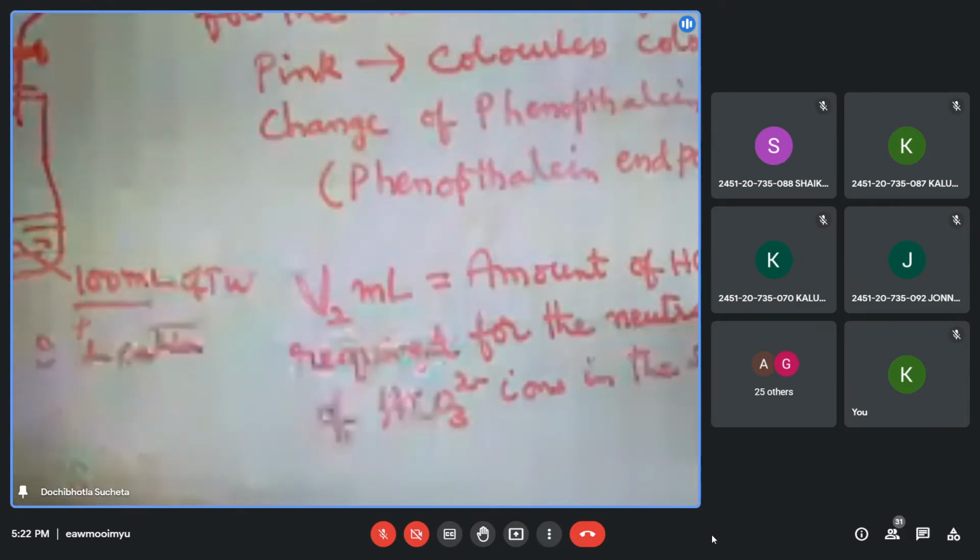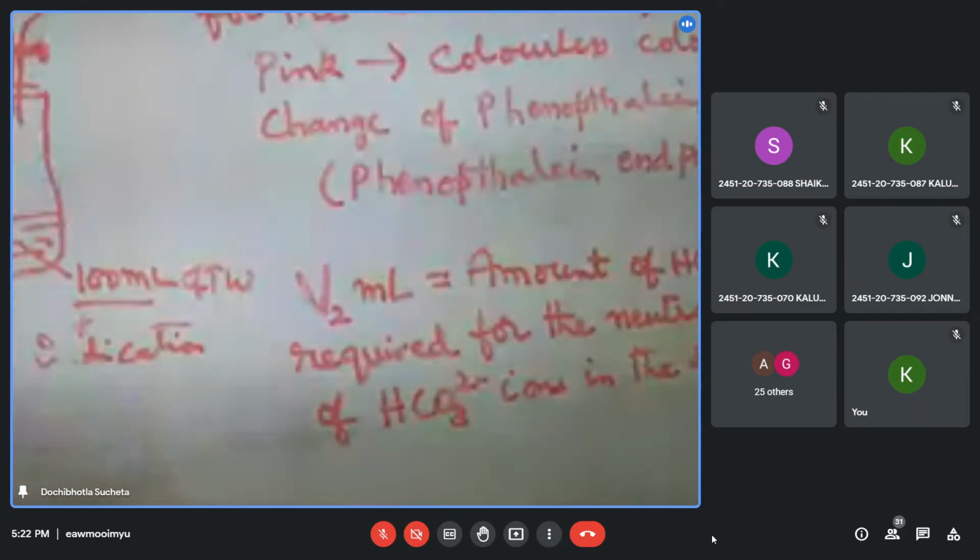Okay, what is V2 ml? The amount of HCl required for the neutralization of bicarbonate ions in the sample.